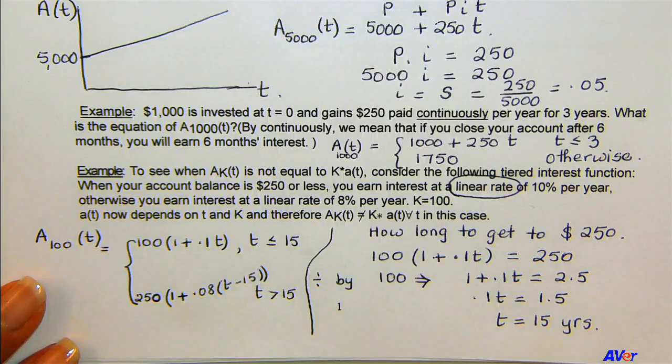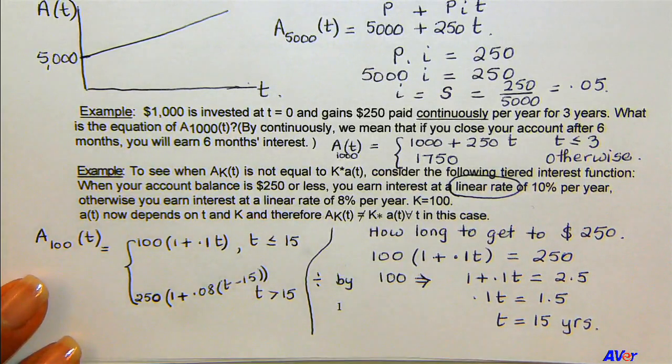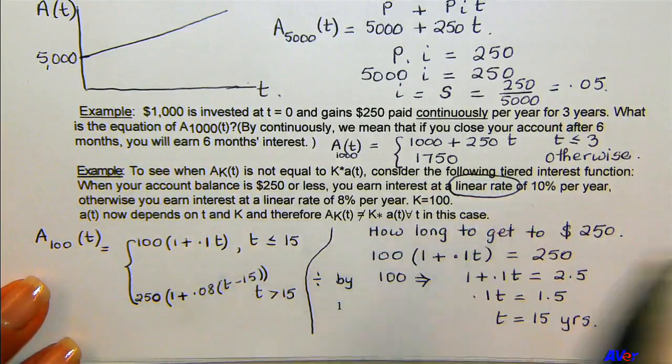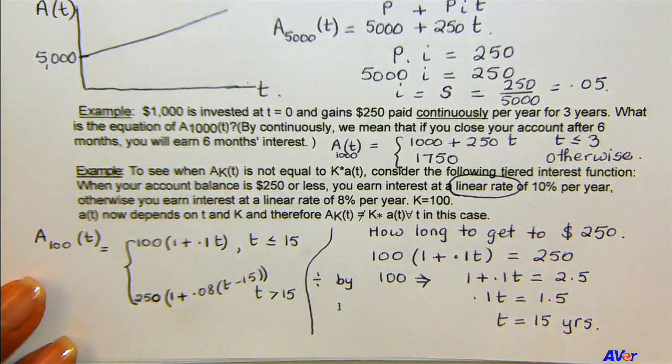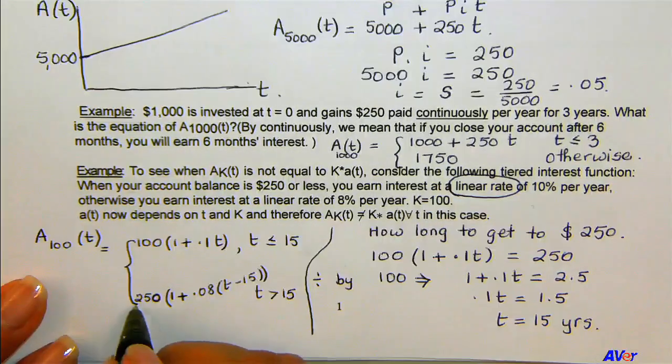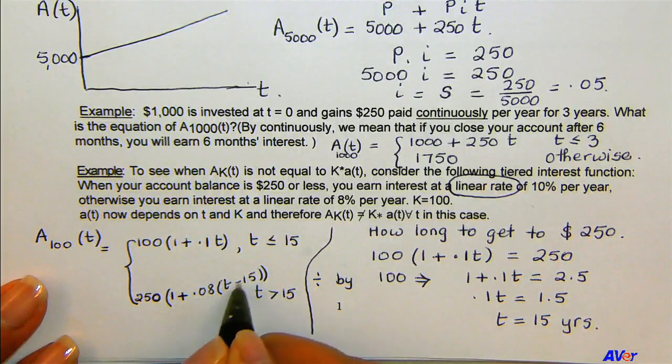Why is it not 8 over 250? 8% per year, for this many years. Okay. So the formula is P parentheses 1 plus i times the number of years that the money is invested. So here it's 250 times 1 plus i times the number of years that the money is invested past 15 years. Get it?